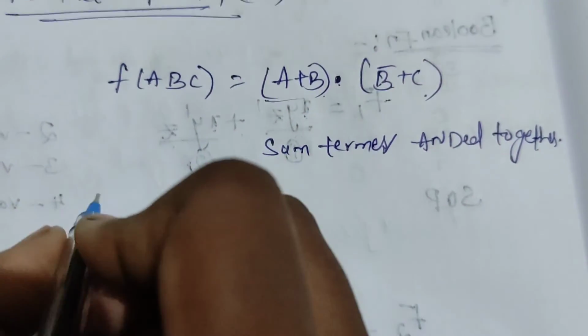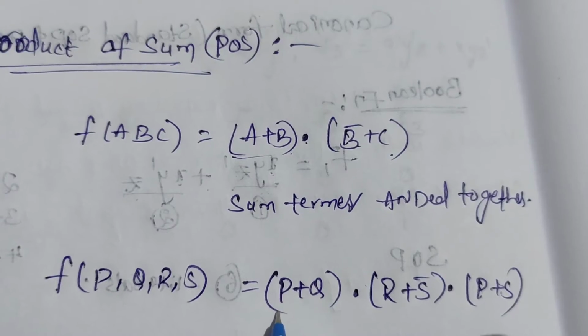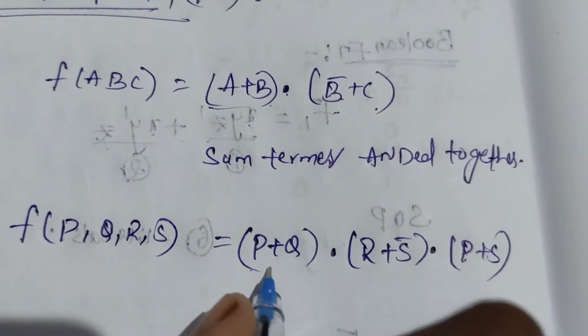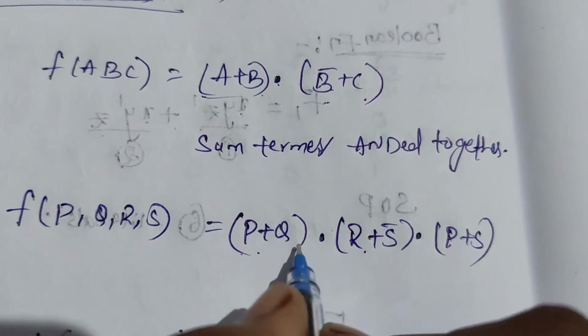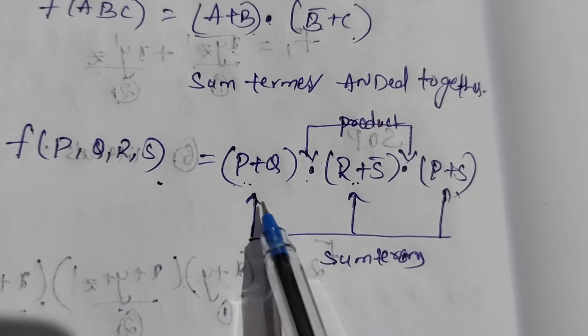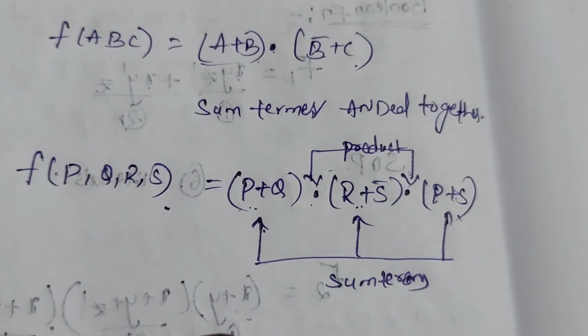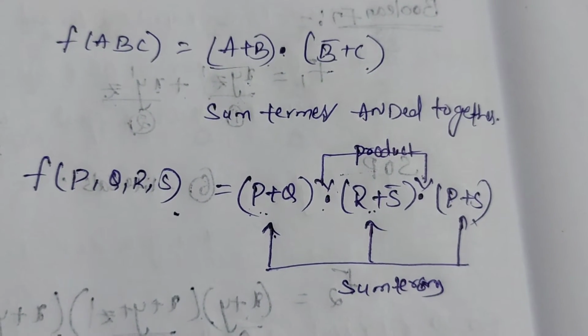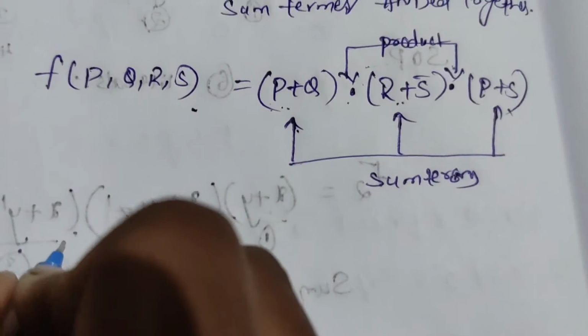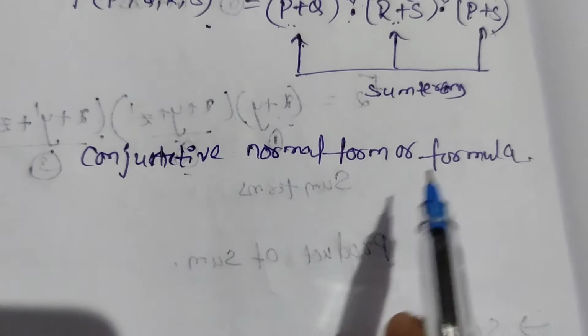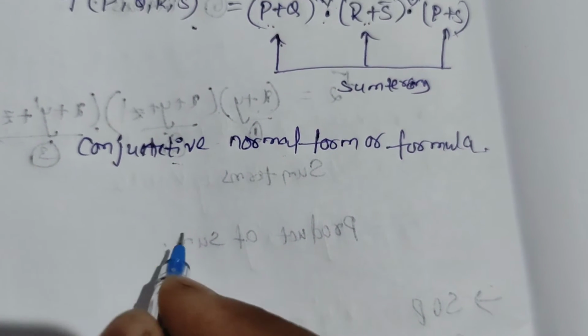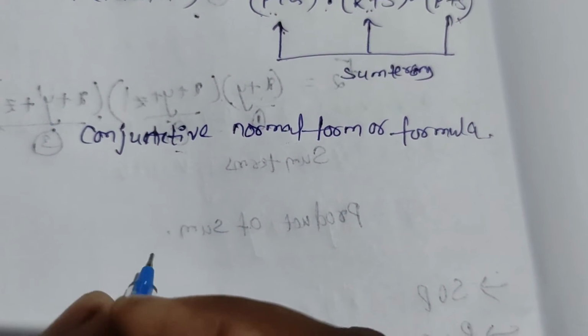Let us take another function. This function also has three sum terms, each consisting of two literals. So the sum terms are multiplied. The product of sum is known as conjunctive normal formula. Till here we have seen what is sum of product and what is product of sum.